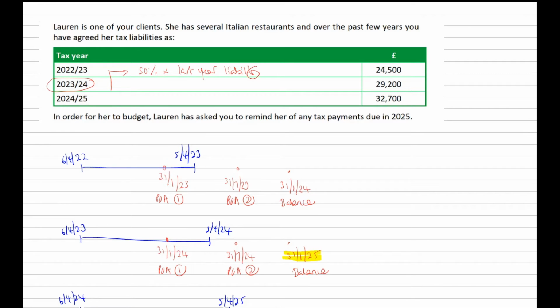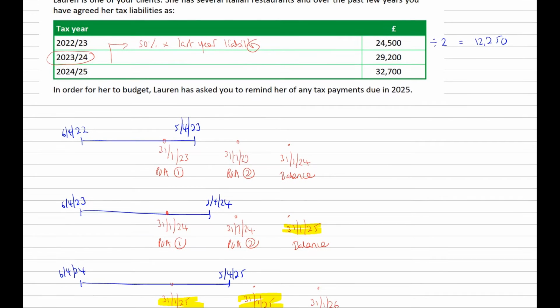So last year I owed £24,500. So pay it in 2 instalments. That would be £12,250 in each. So my payments on account here will be £12,250.